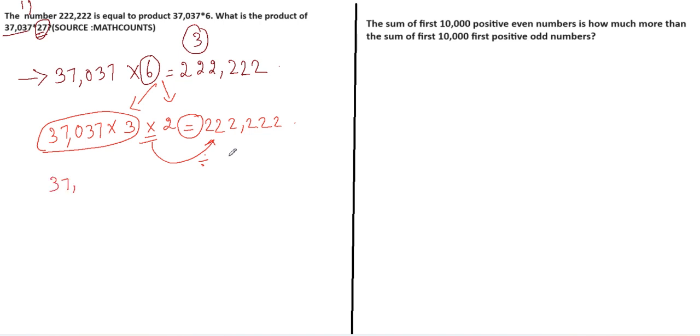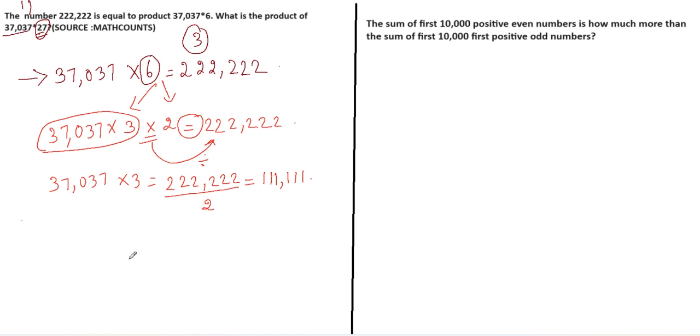So the answer of 37,037 into 3 is equivalent to 2,22,222 divided by 2, which is nothing but 1,11,111. So this is the answer of 37037 into 3.